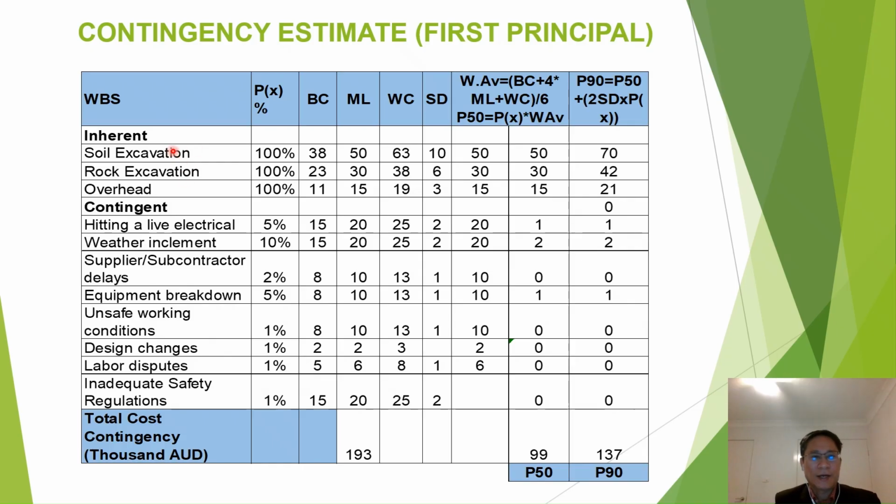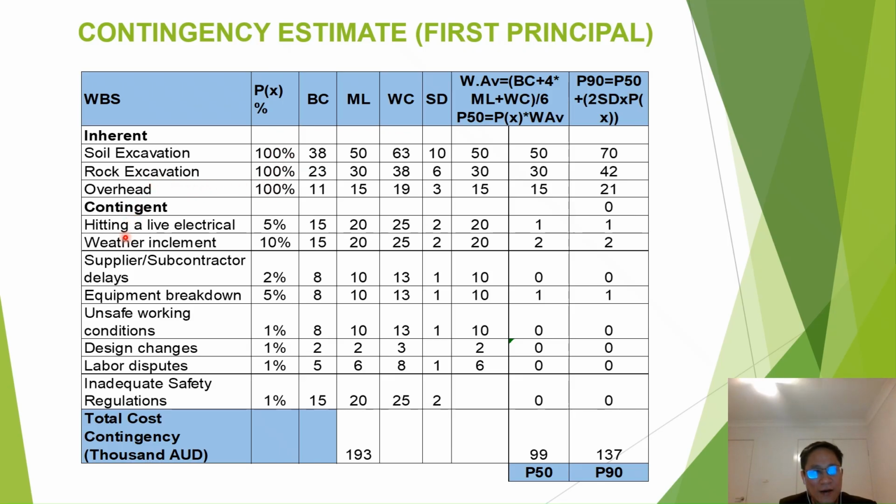Here, we may accept some risks already discussed, for example, the soil excavation. And BX here is the probability this risk or contingency can happen, which is 100%.